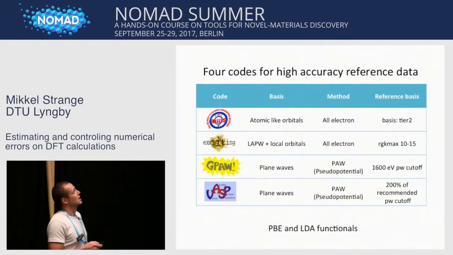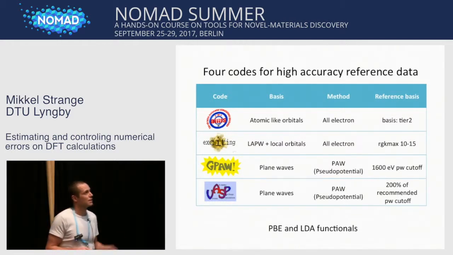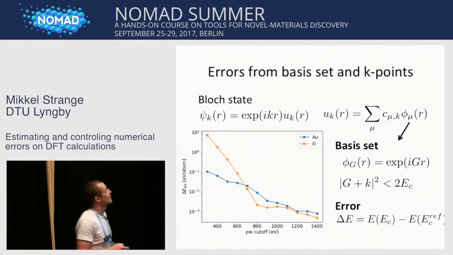So FHI-aims uses atomic-like orbitals, and it's called Tier 2 basis set as a reference. Here's the pseudo-potential code with plane waves. You use 1600 electron volts as the reference, and VASP is a little bit different. It comes with a recommended plane wave cutoff for each element, and we took the reference at 200% times this, which should also be very accurate.